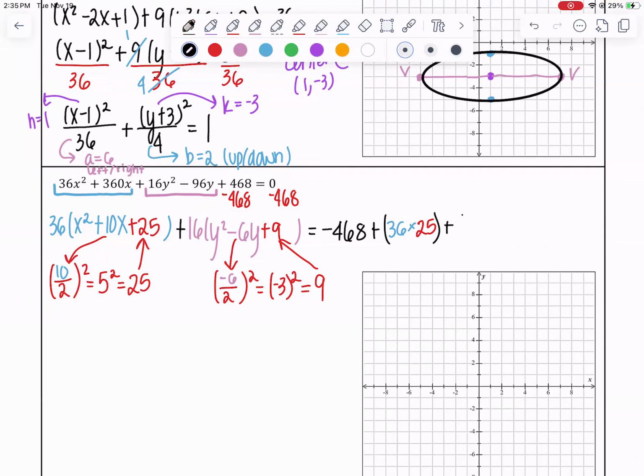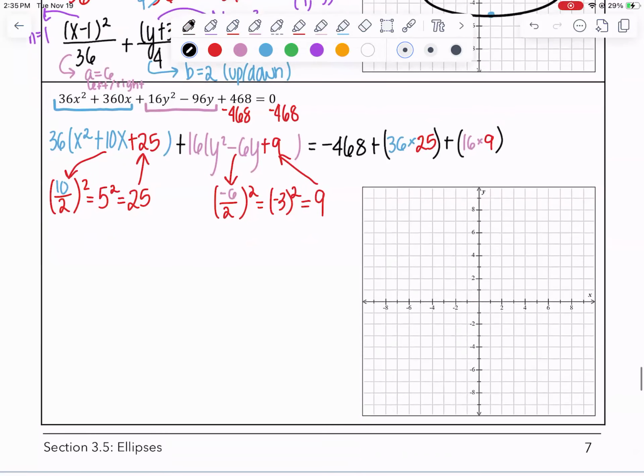So plus 16 times 9. And this all should come out to 576 according to my own notes. Hope those are right.